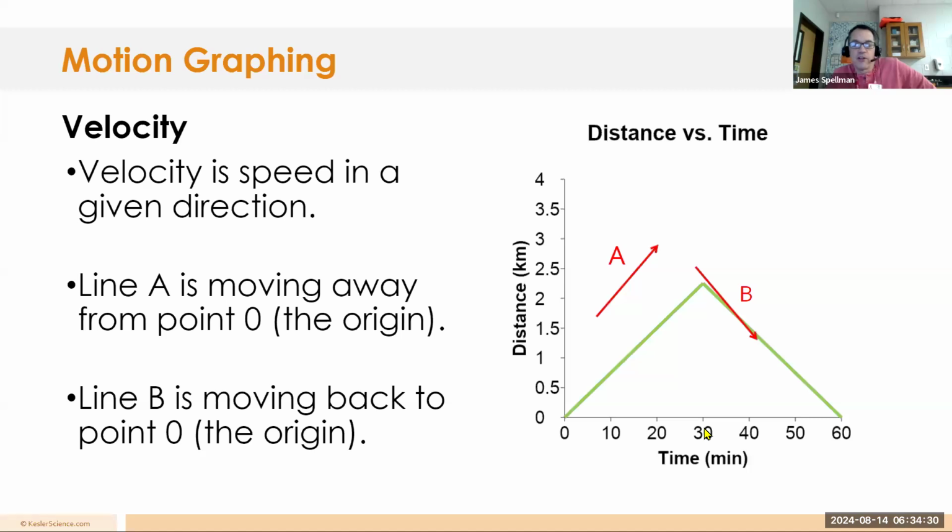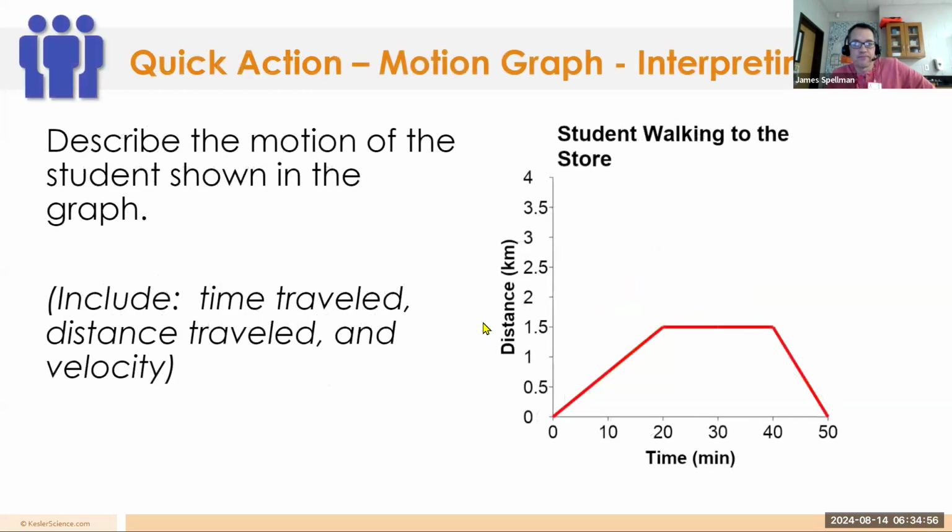So we could divide that, 2 divided by 30, and that would give us our velocity. Same thing for B, we're going from 2 back to 0 in terms of how high the graph is. So that would be -2. And it still also takes 30 minutes. So we could calculate the velocity here is -2 change in distance, 30 change in time, and put that together. That's our speed or velocity.